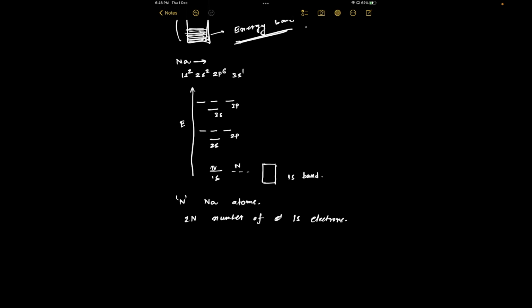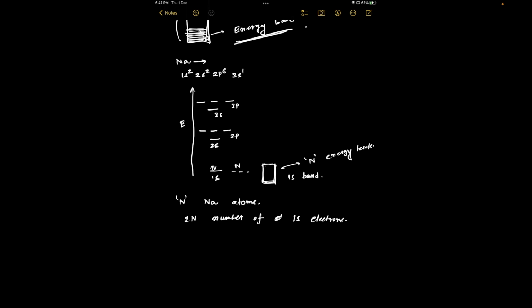So in the 1s band there are n energy levels, right? There are n orbitals, very close to each other, but the number of orbitals is n, because n atomic orbitals are overlapping with each other to form n molecular orbitals, n energy levels. In each level 2 electrons can occupy. So in n possible energy levels, the total number of electrons that can occupy is 2n.